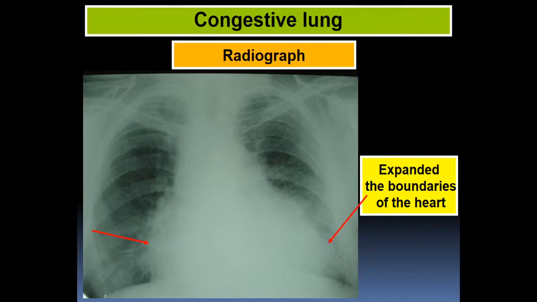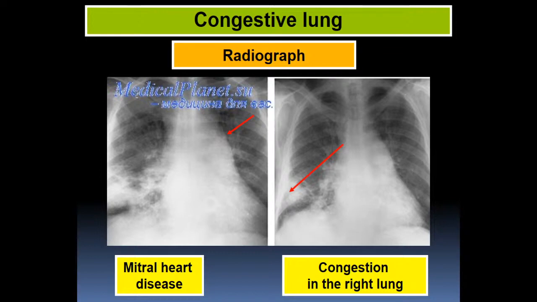This problem can be like miliary tuberculosis, because in the beginning of miliary TB we can see severe lung pattern also, and we should differentiate this problem from miliary tuberculosis. This is also congestive lung. It can be like dissemination.